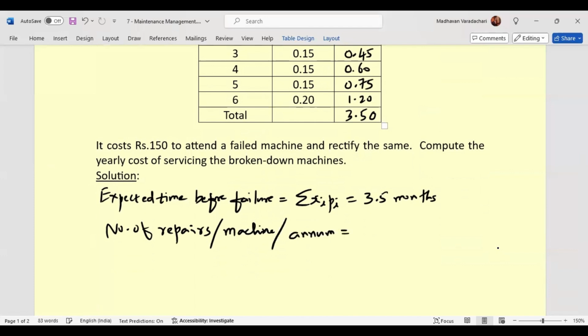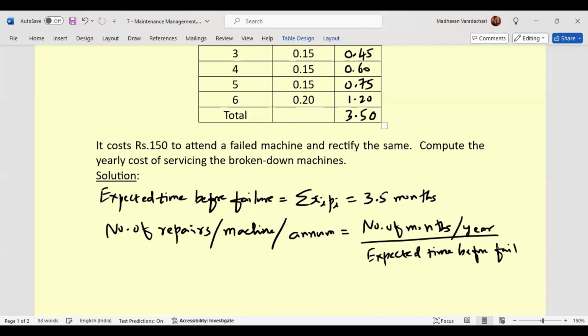Since we are considering annum here, we will say this is the number of months in a year divided by the expected time before failure. That will give us 12 months in 1 year divided by 3.5.